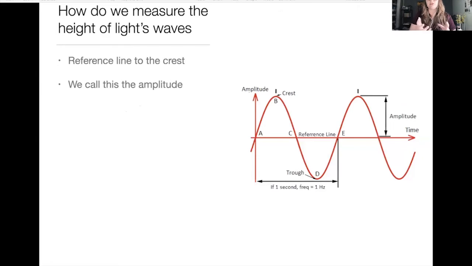But when you're looking at the height of the wave, in addition to the length of the wave, it can tell you how much energy is in a wave. So this height of a wave, we call this an amplitude. So it measures the height of a wave, and it is the measurement between the center or the reference line, or also we call it an equilibrium point, which means everything is equal and essentially it is zero.